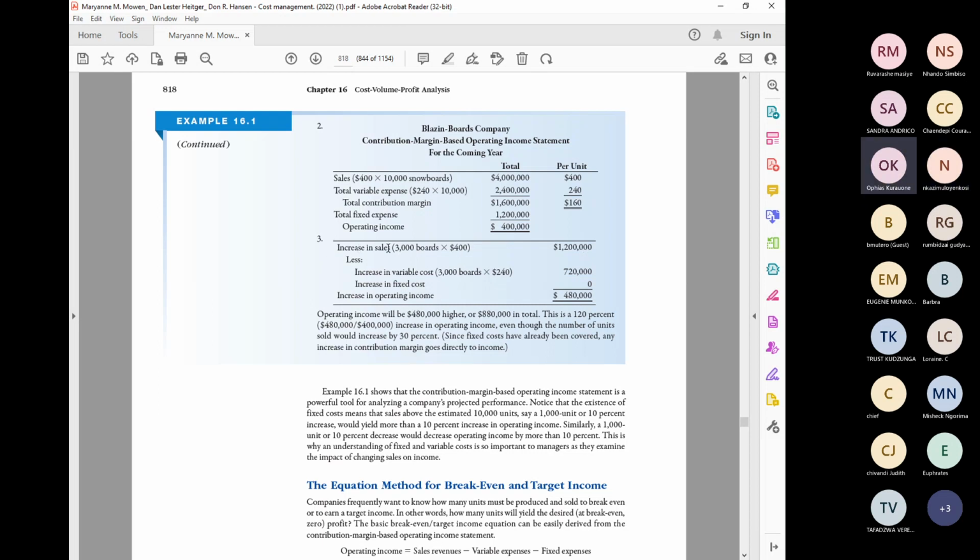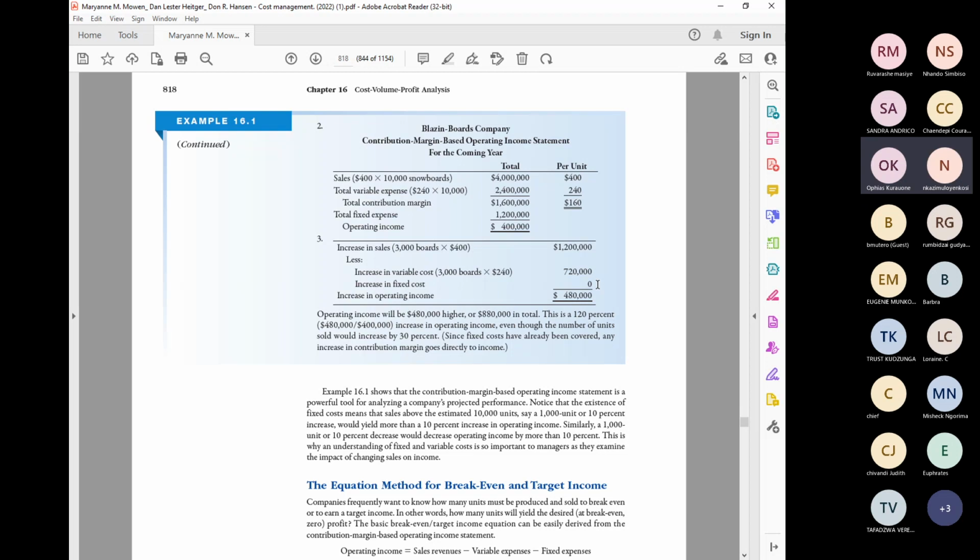But if you increase the number of boards, you are also going to incur variable expenses, which were 240. So it's 240 times 3,000, which is 720,000. But the fixed cost will remain the same.